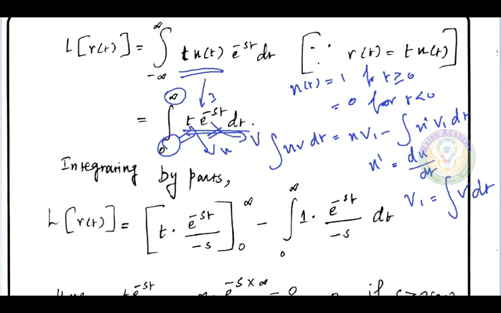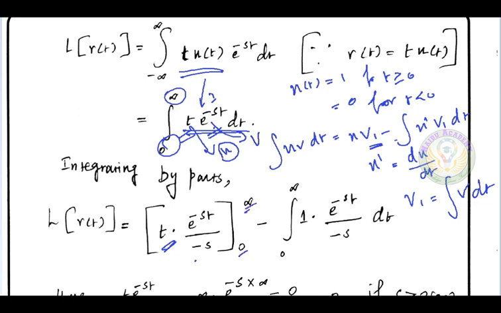So here substitute u as t, then the integration of v will be e power minus st divided by minus s; this is v1. Then you are going to substitute the limit for this.